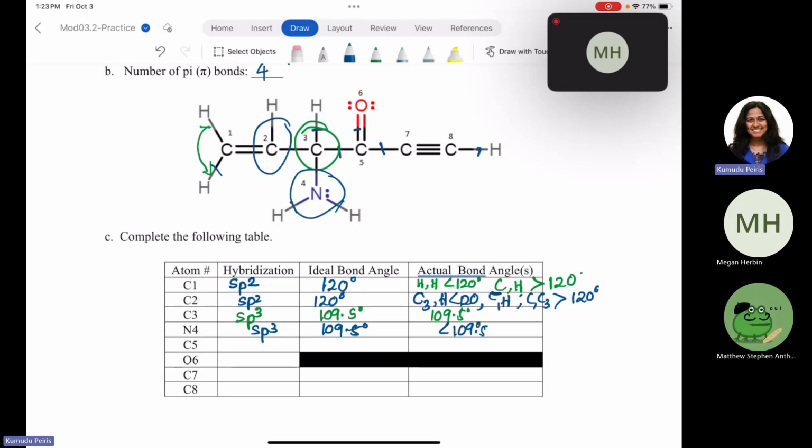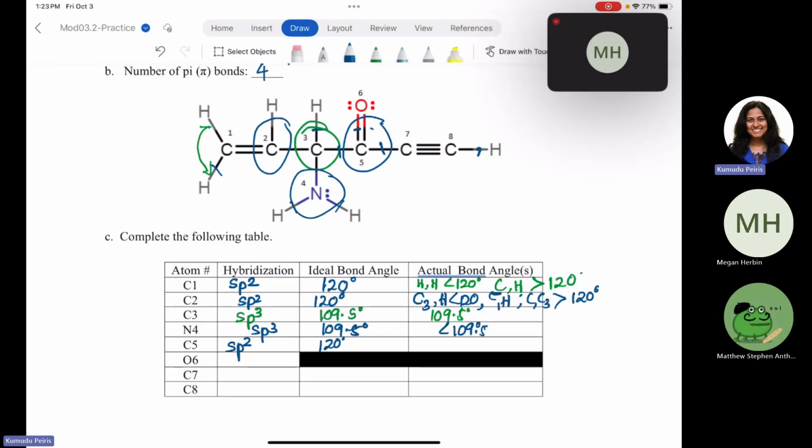Look at carbon 5 here. It has 3 sigma bonds, because in a double bond there is only one sigma bond, the other one is a pi bond. So there are only 3 things, and the hybridization will be sp2. Ideal bond angle should be 120, since there are only 3 things on the central atom.